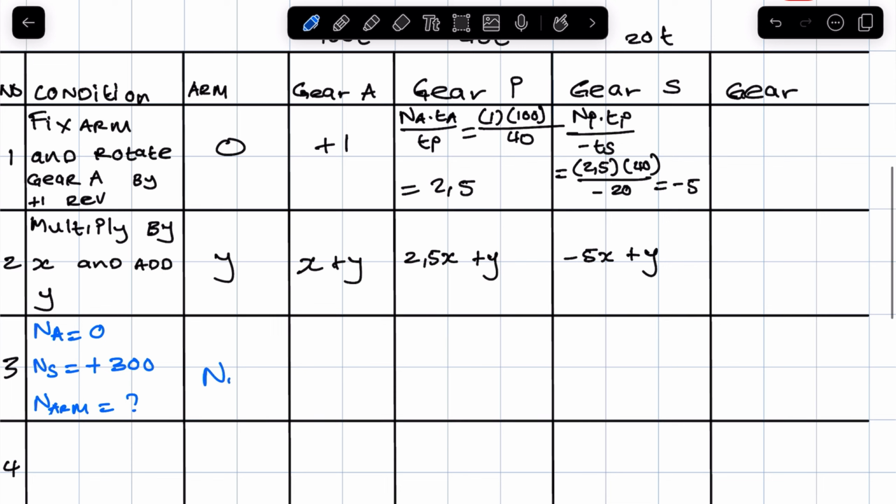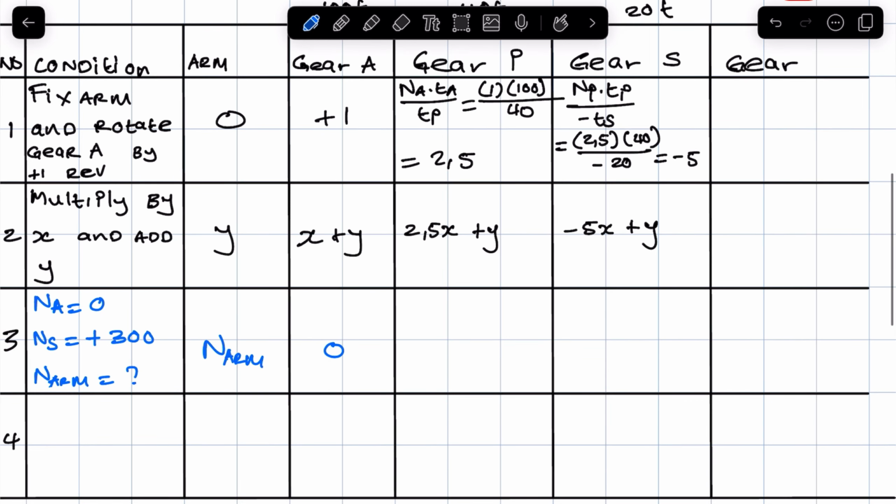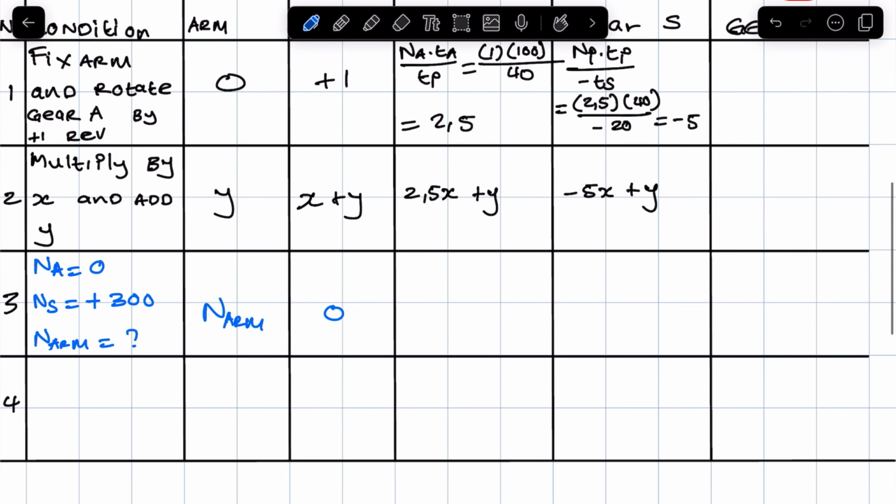So we are looking for the rotational frequency of the arm, right? They said the annulus is fixed. They said nothing about the planetary gears, so we leave that, and then we have the rotational frequency of the sun gear, right?